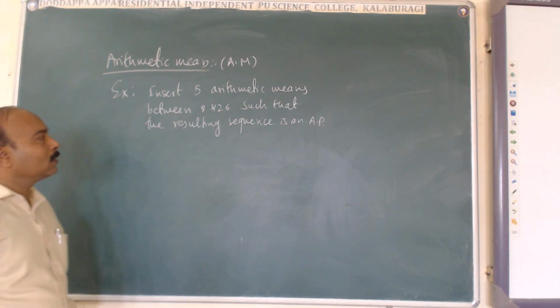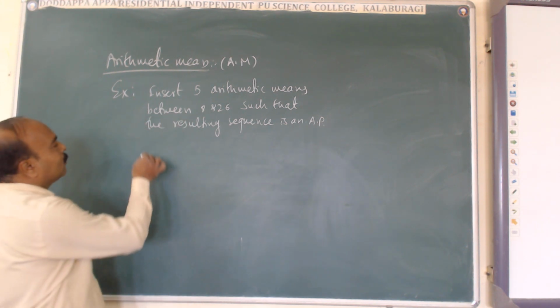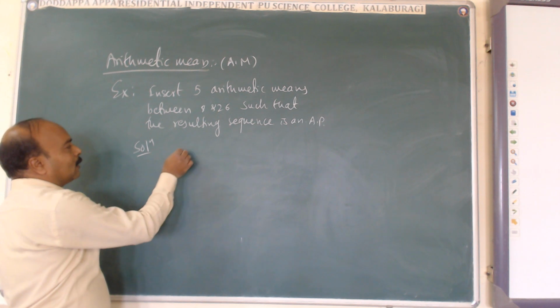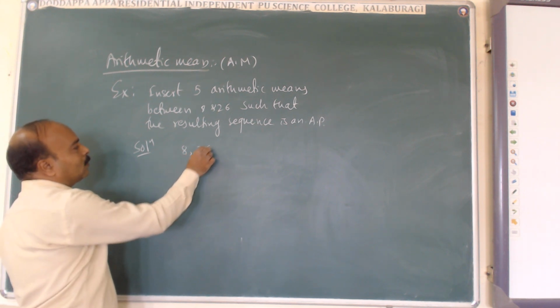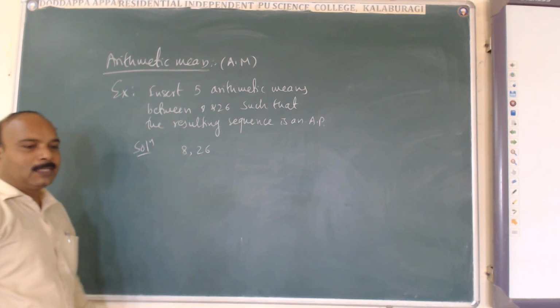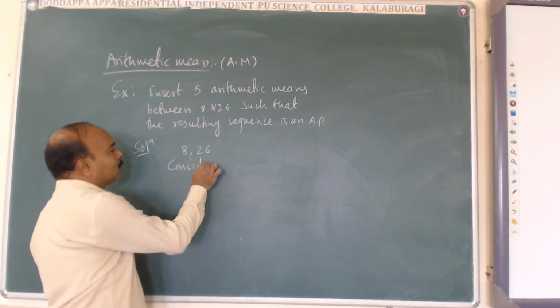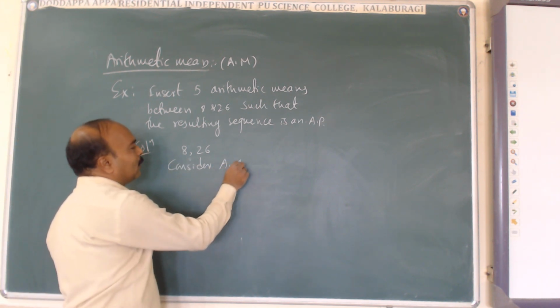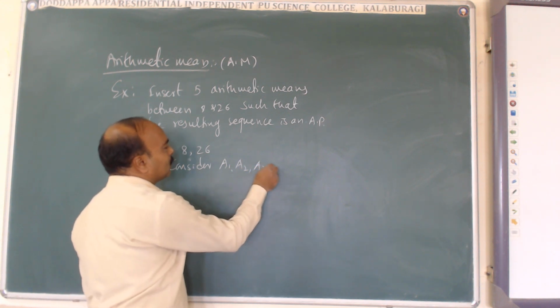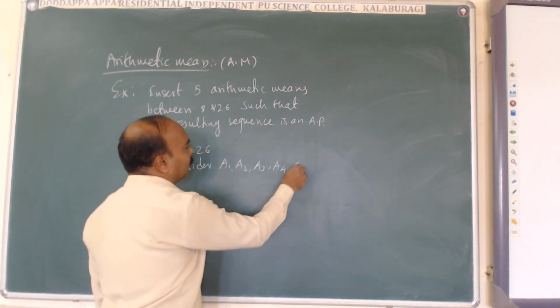Now we calculate arithmetic means between a and 26. They have given that the integers are a and 26, they are nothing but a and b. Now we consider the 5 means, it is a1, a2, a3, a4 and a5.